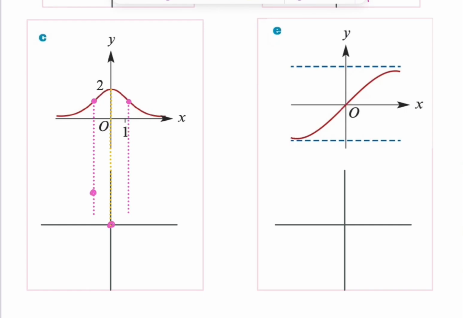So perhaps we'll put it up there, and this is the steepest negative. Perhaps we'll put that down there. And over here, we're going to be flattening out, so going towards a zero gradient. And we just join the dots. This one should go, and we've got an asymptote there.